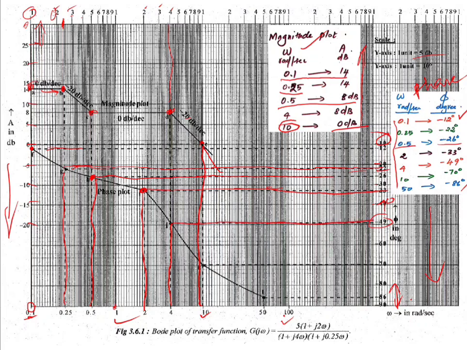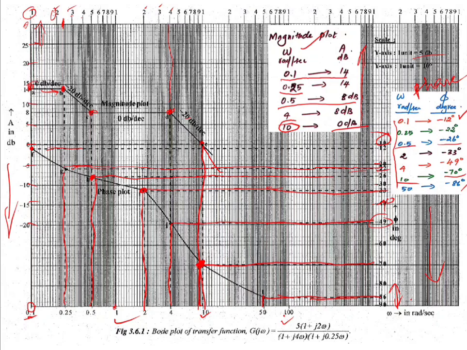So this one, and 10 radians per second. For 10 radian the phase angle is minus 70. Minus 70 is somewhere here, and it is 10. This point, and then 50 radians. 50 radians is here, and the phase angle is minus 86.